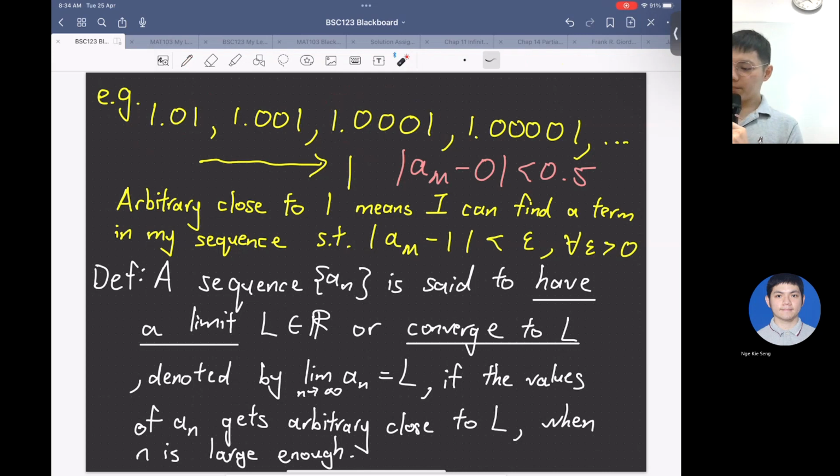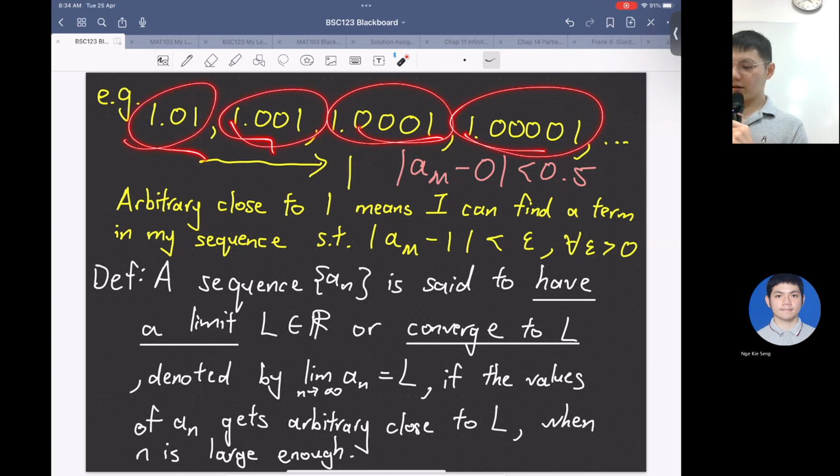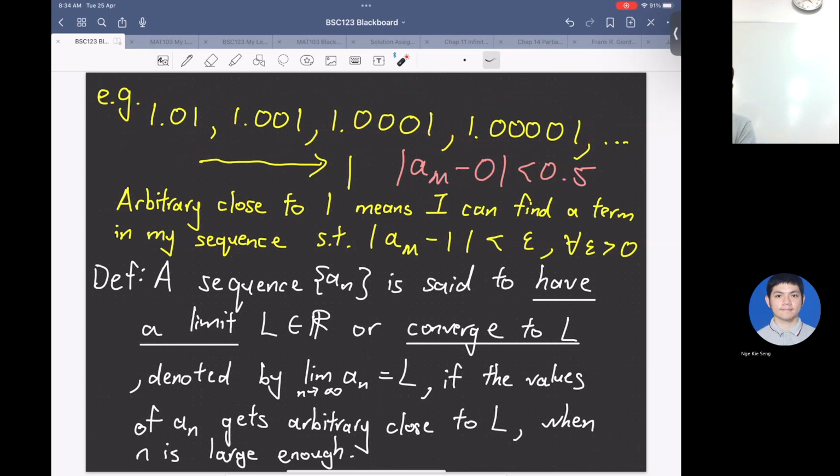Does there exist an n such that a_n minus 0 is less than 0.5 or not? Does there exist a term in the sequence such that, take away 0, it is less than 0.5? No, because all these numbers minus 0 are at least 1, so they are at least 1 away from the number 0. So it can't be the limit. To be a limit, you need to be able to find terms in the sequence as close to the limit as you want.